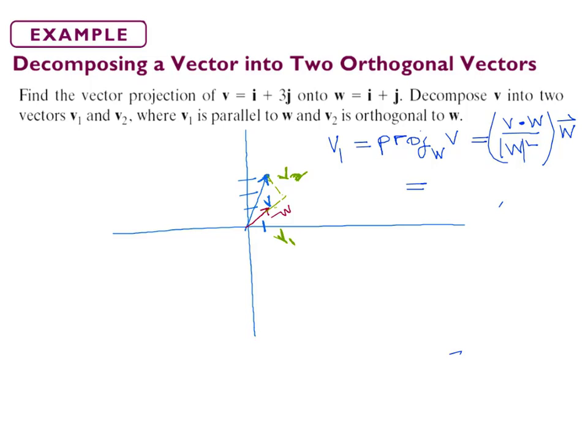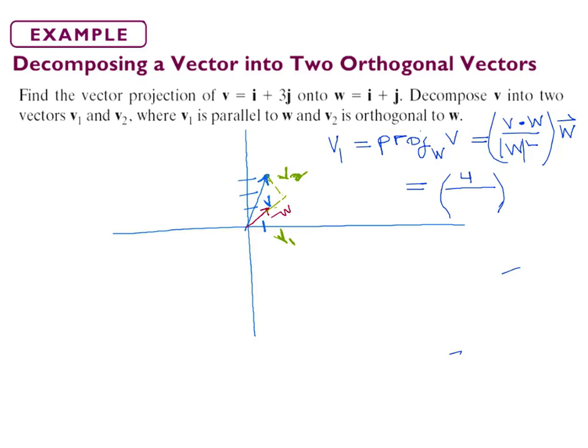How do we find v dot w? 1 times 1 plus 3 times 1. Good. So that's 4.